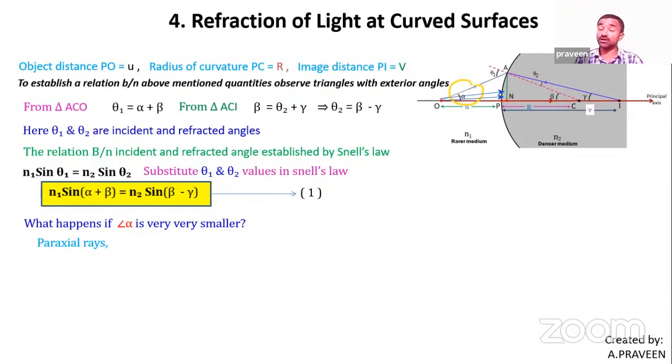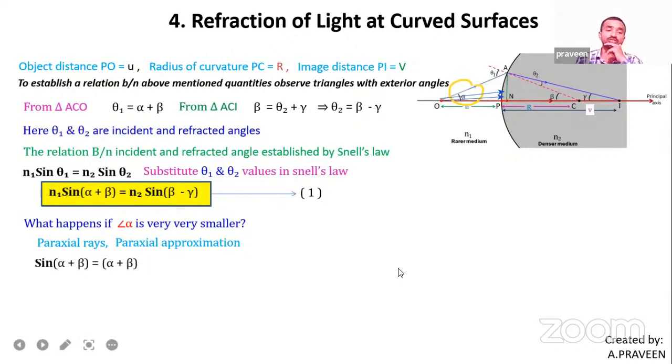The light rays which are very close to the principal axis and making a very small angle are called paraxial light rays. Those rays are considered to be parallel rays, and that approximation is called the paraxial approximation. So when alpha becomes very, very small, we can approximate sin of alpha plus beta as alpha plus beta.